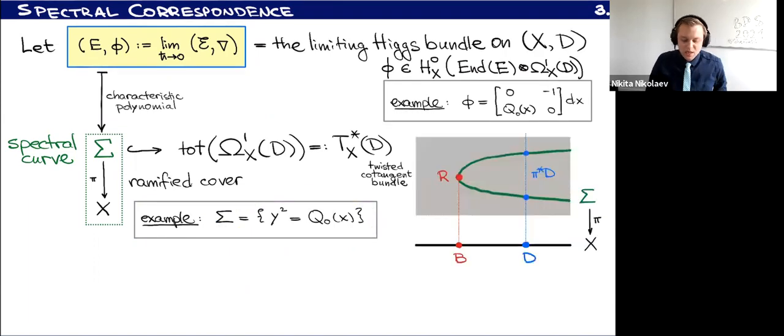Okay, here's an image to go along with it. In green is my spectral curve, literally cut out by an equation that looks like this. This blue fiber here is the fiber that's been modified from the usual cotangent bundle. Normally, if I constructed this spectral curve inside the usual cotangent bundle, it would go off to infinity like this and escape.